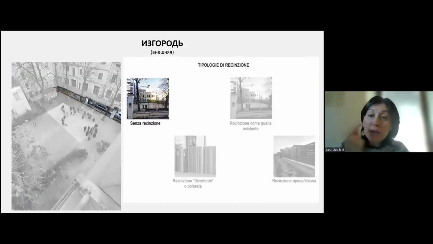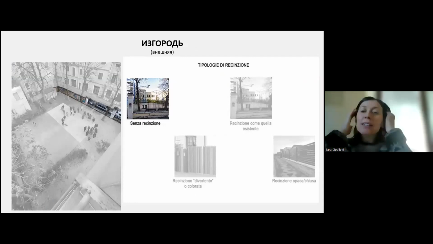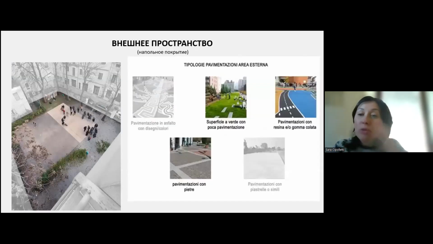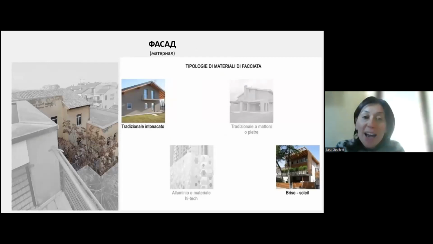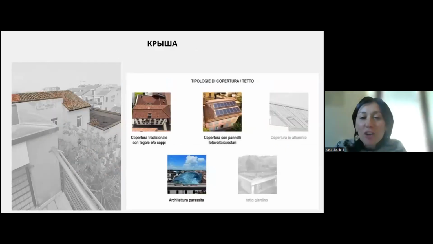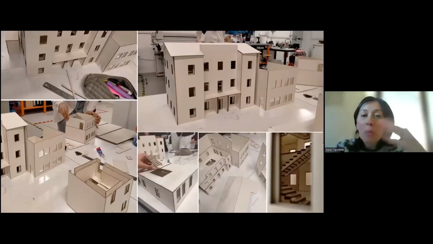The topic of the boundary, because now this place is really close to the city, but is completely detached from the city. So we speak about the sense of a boundary, the open space, how they imagine the open space, then the facade, the roof, a lot of points to develop a project and the destiny of this building.